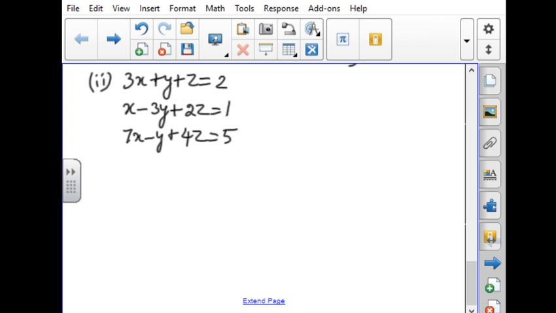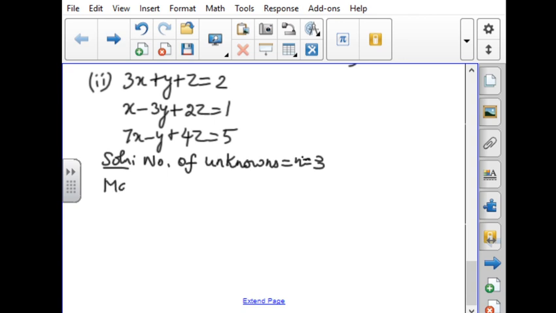Solution: first we need to write down the number of unknowns. How many unknowns are here? 3 unknowns, x, y, z. So the number of unknowns n is equal to 3.